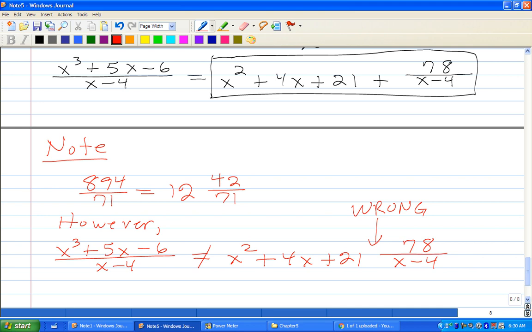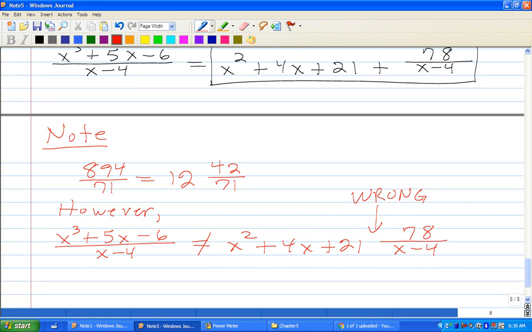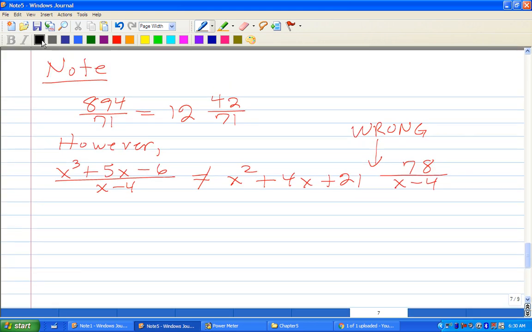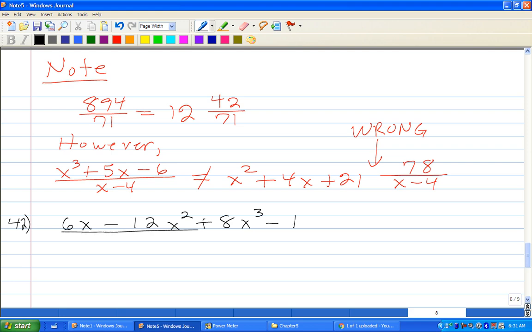Let me do another example. Let me do problem number 42. 6x minus 12x squared plus 8x cubed minus 1 over 2x minus 1.